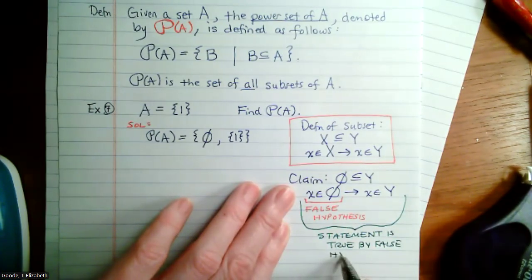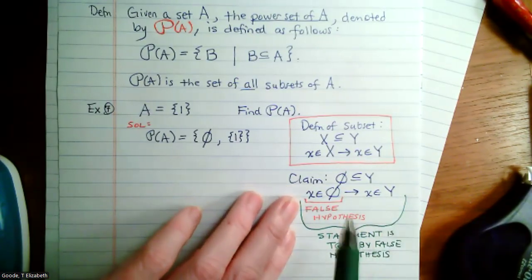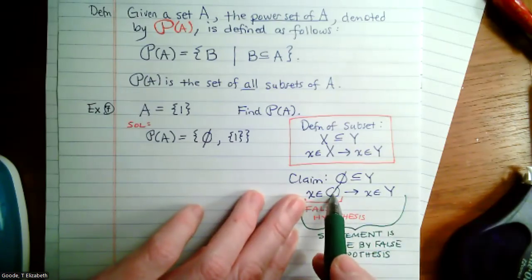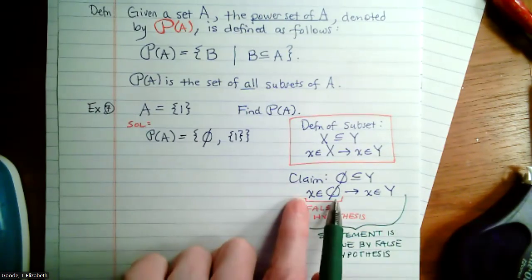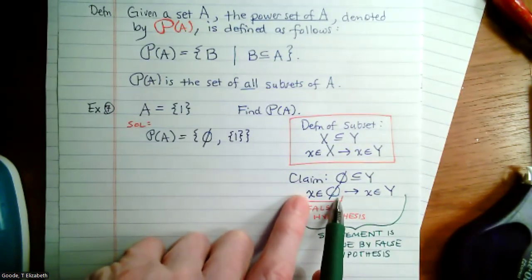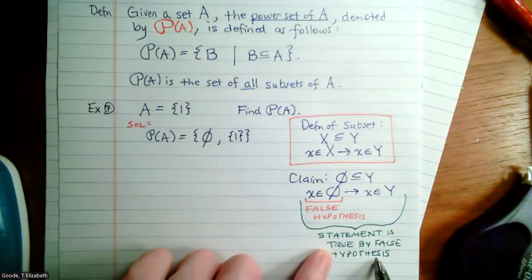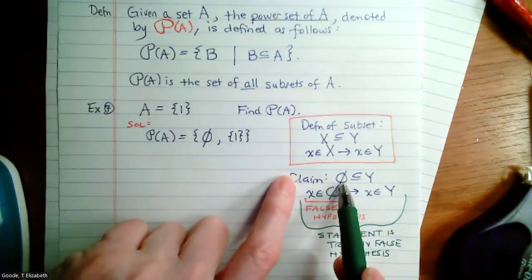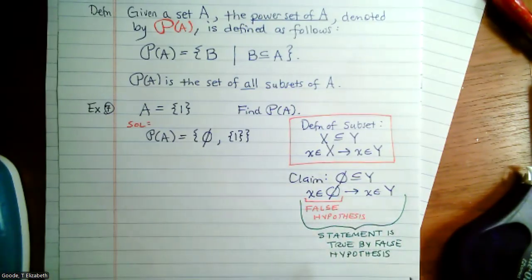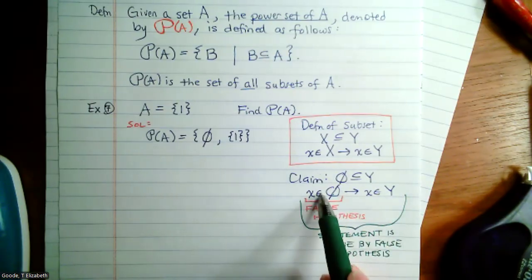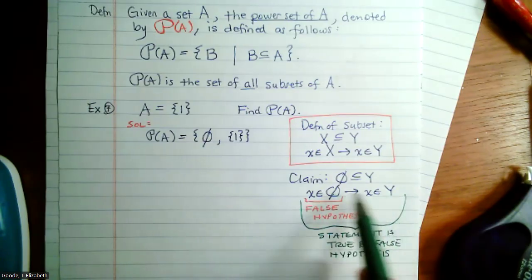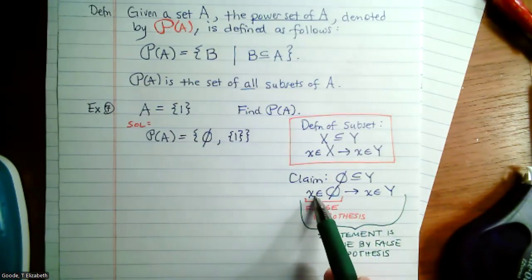Well, guess what? When we apply this basic notion of logic to the definition of the empty set being a subset of Y, there is no x in the empty set. This is always false. So this if-then statement is always true by false hypothesis. And that's why the empty set is a subset of every set Y. Because there is no x in the empty set.